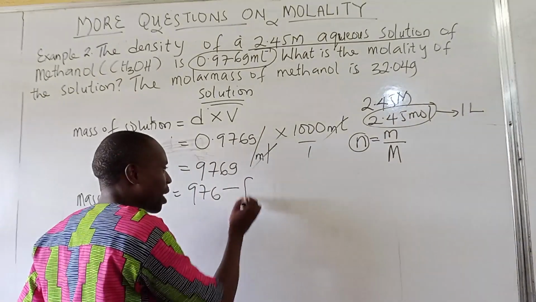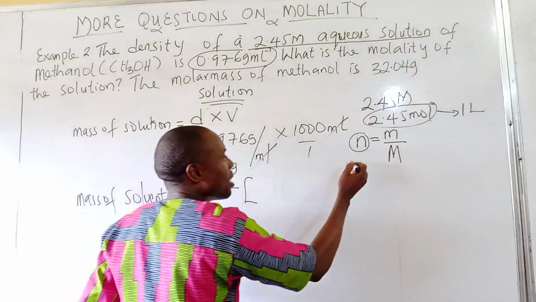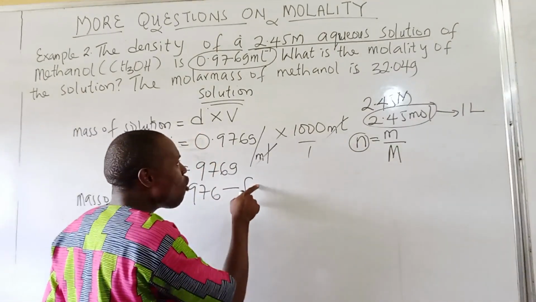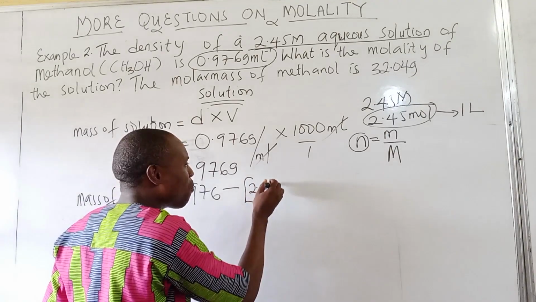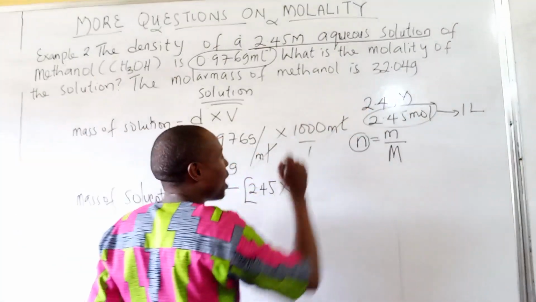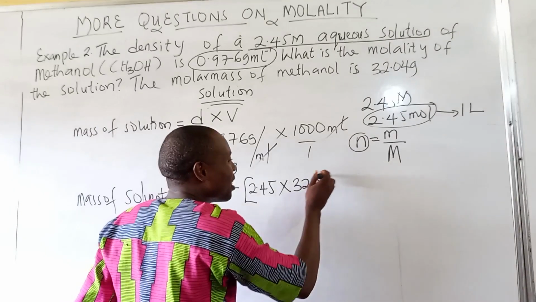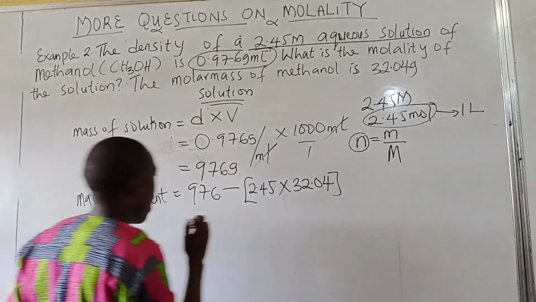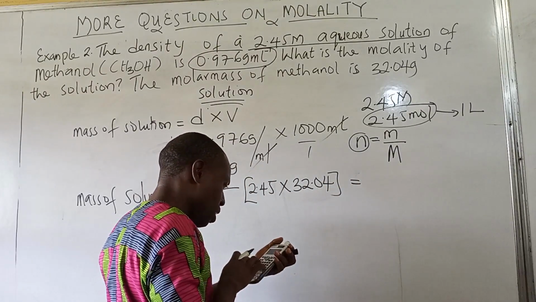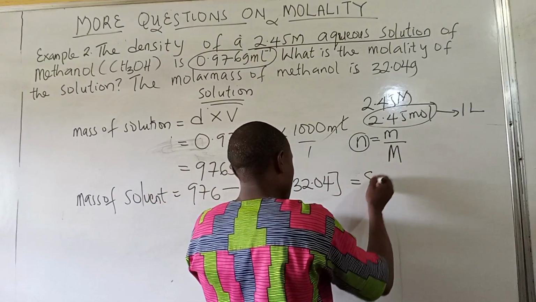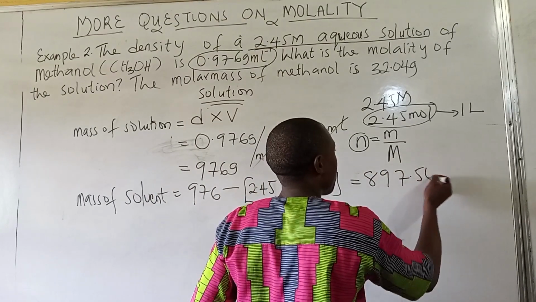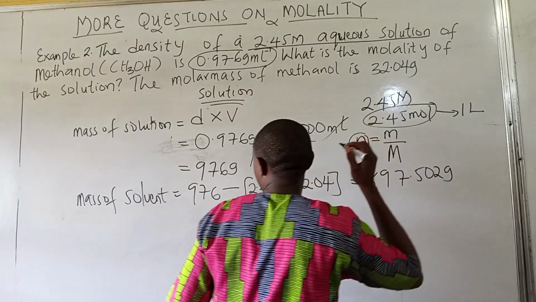Mass is equal to number of moles times molar mass. So the number of moles here is 2.45 multiplied by the molar mass given to us of the solute, which is 32.04. And when we do it, we should have our answer as 897.502 gram.